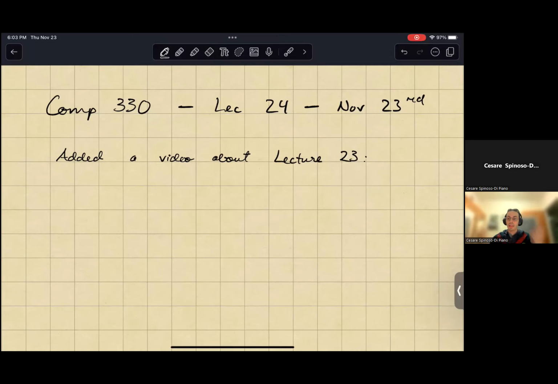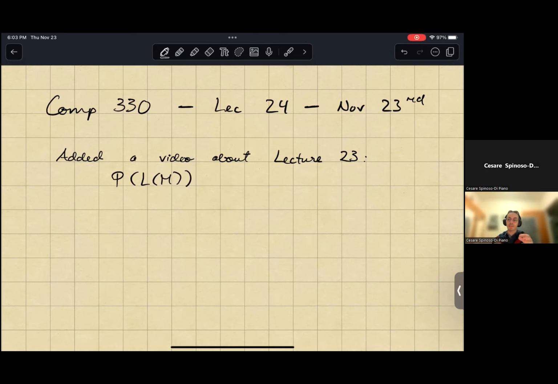In lecture 23, I was talking about properties of CE languages, and the way I was denoting that was the property P of L of M. This is a property of a CE language because L of M is a language accepted by a Turing machine.